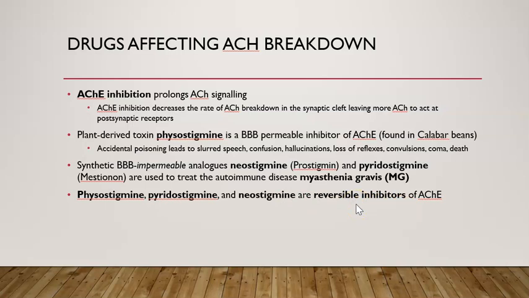They do eventually remove themselves from acetylcholine esterase. So you would have to have repeated administration of these drugs to see effects. And that's why people that eat calabar beans can survive, because if they don't eat enough, then they'll just have some of these lesser symptoms, and then they'll get over it, because the toxin will remove itself and be flushed from the body.